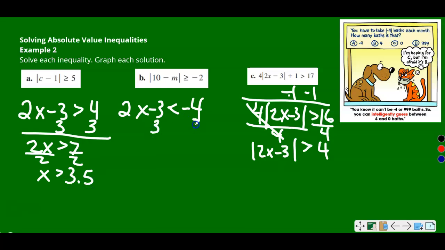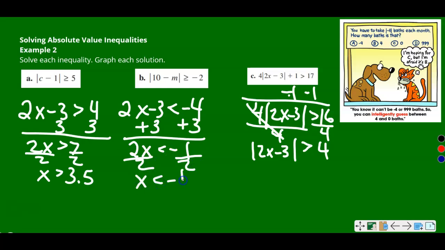Here I can add 3. 2x is less than negative 1 plus 3, which is negative 1, so I'm going to divide by 2. x is less than negative 1/2, or negative 0.5.